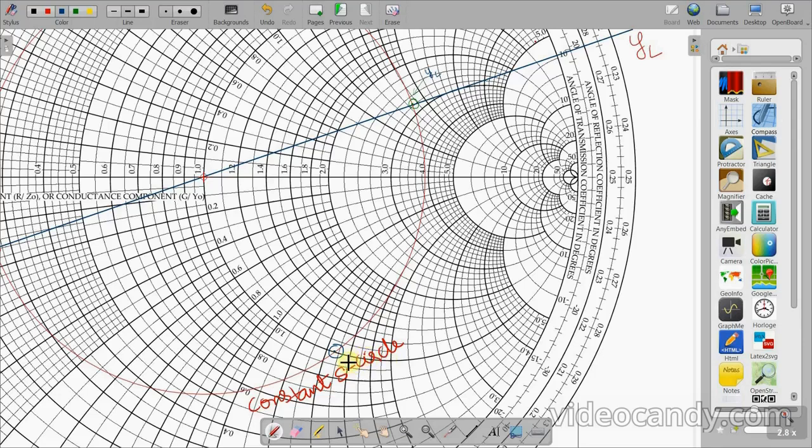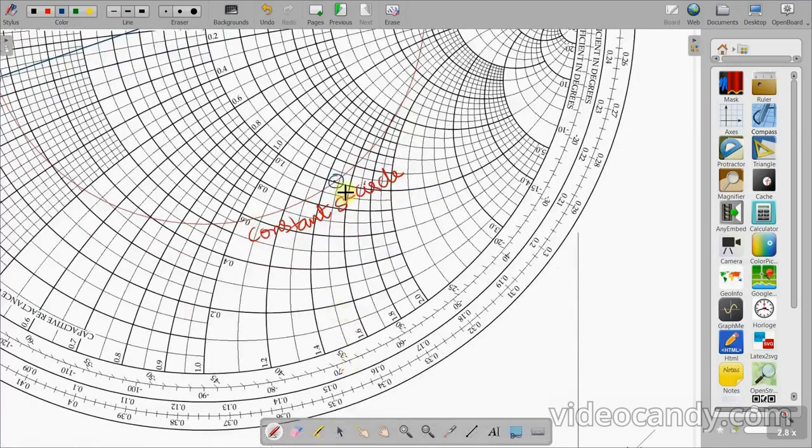The imaginary part is j1.45, but this value is below the horizontal reference line, so it is minus j1.45. So Yn, which is obtained by this S circle crossing the R equal to 1 circle, is 1 minus j1.45. It has the susceptance value now.